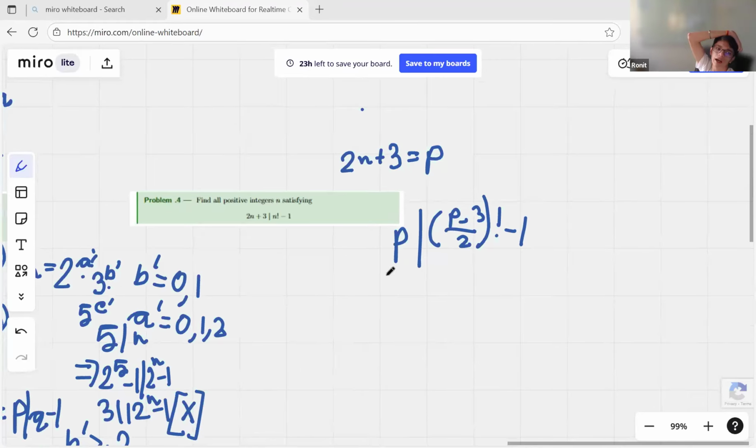How will you remove the by 2? I mean, by 2 is not a good way to write. You should write in terms of 2n plus 3 only. Both are isomorphic, so they are fine, but it looks a bit ugly. (p minus 3) by 2 factorial. What do you know in Wilson? Ronit, you were saying you should rather use the 2n plus 3 form.